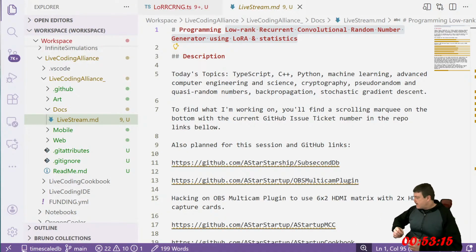I want to take one 64-bit pseudo-random number and generate 2 actual uniform distribution random numbers using less than 500 64-bit floating point values.